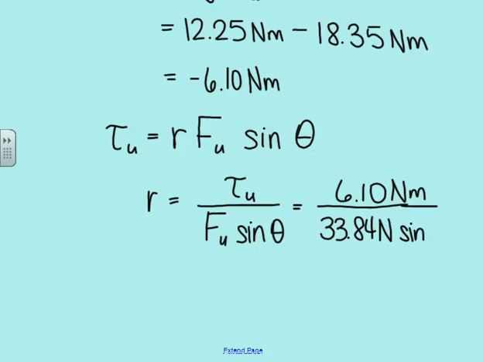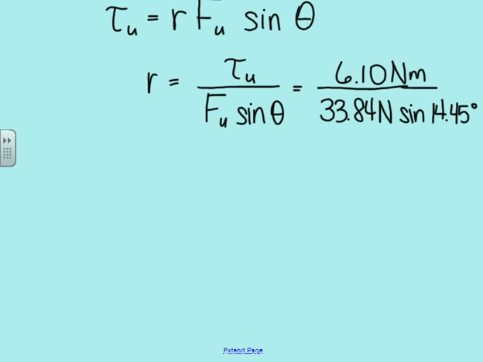And the angle that we were given for that unknown force was 14.45 degrees. As long as that angle is measured with respect to the horizontal, that's the angle you can plug in here, because my radius vector is horizontal.